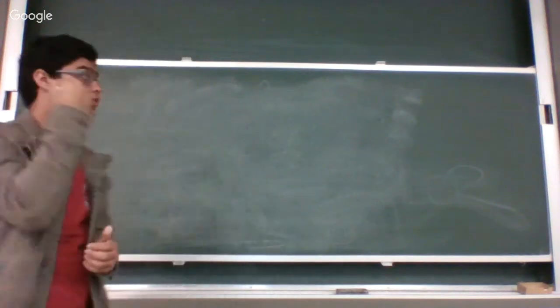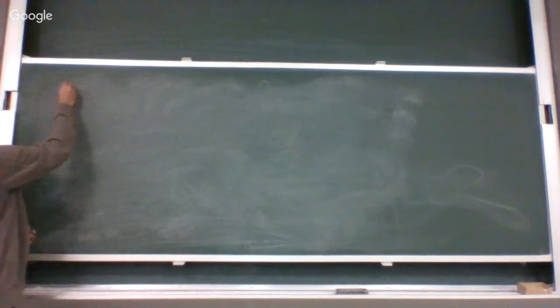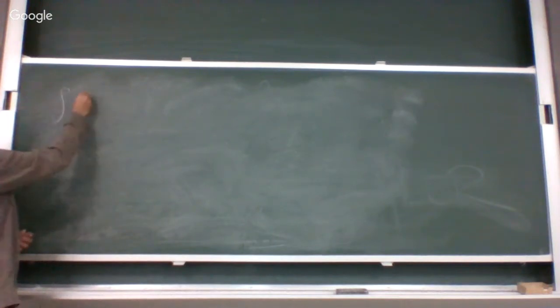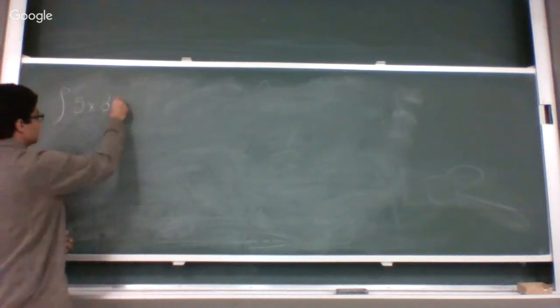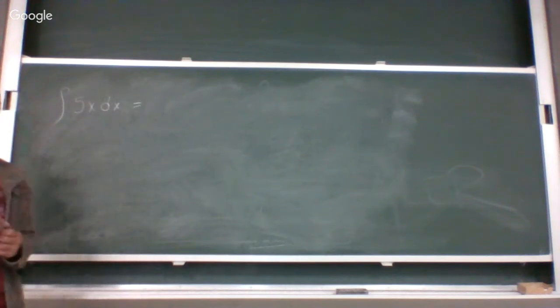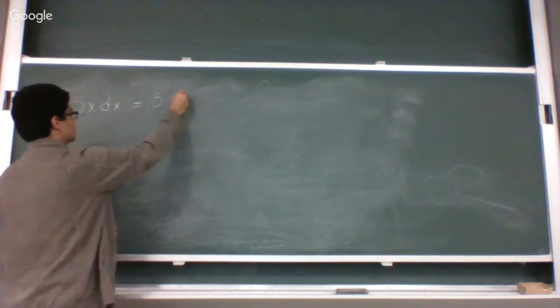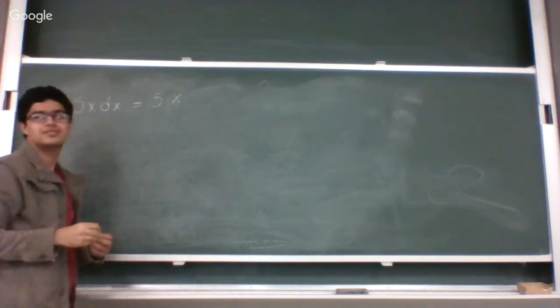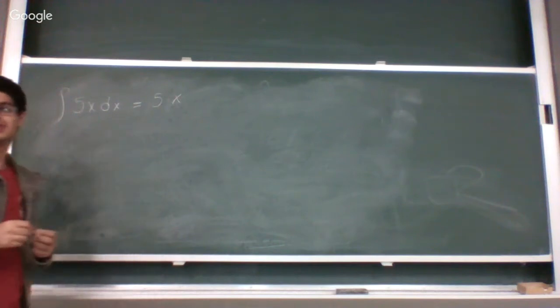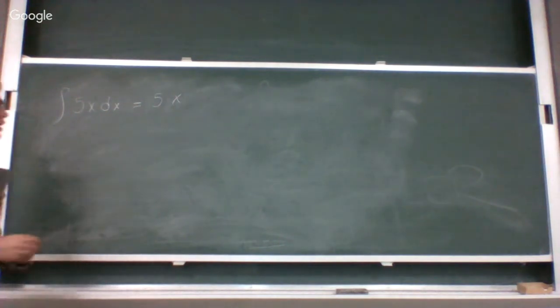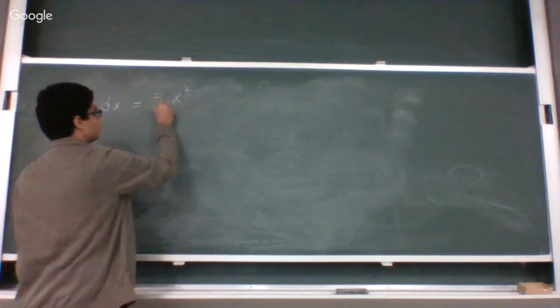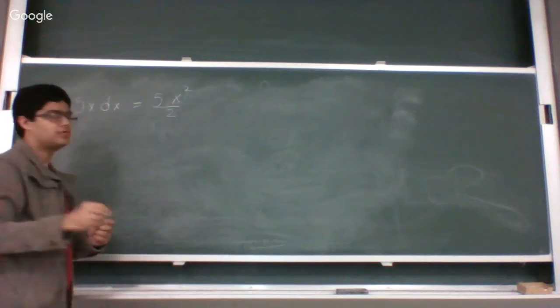Okay, so let's do some small integrals. The integral of 5x dx. What does that equal? 5 times x to the 1 plus 1 over 1 plus 1. So is that 5 times x squared? Yeah, 5 times x squared over 2 plus c.